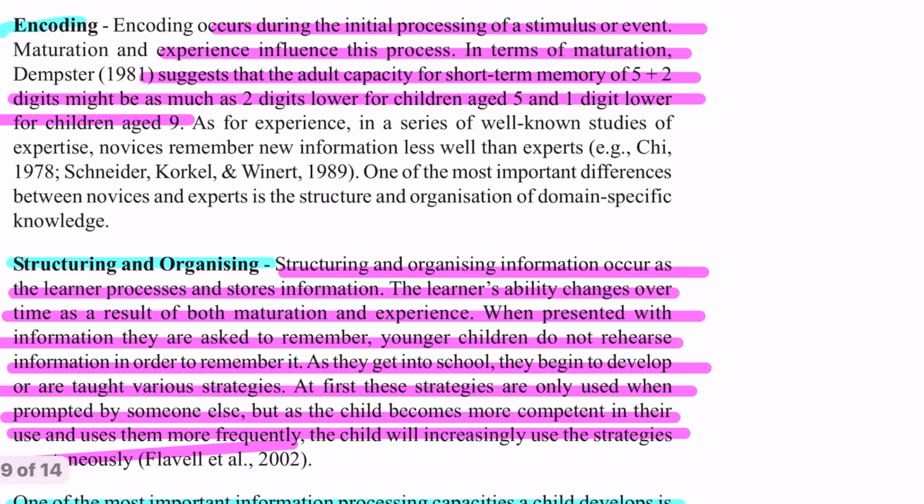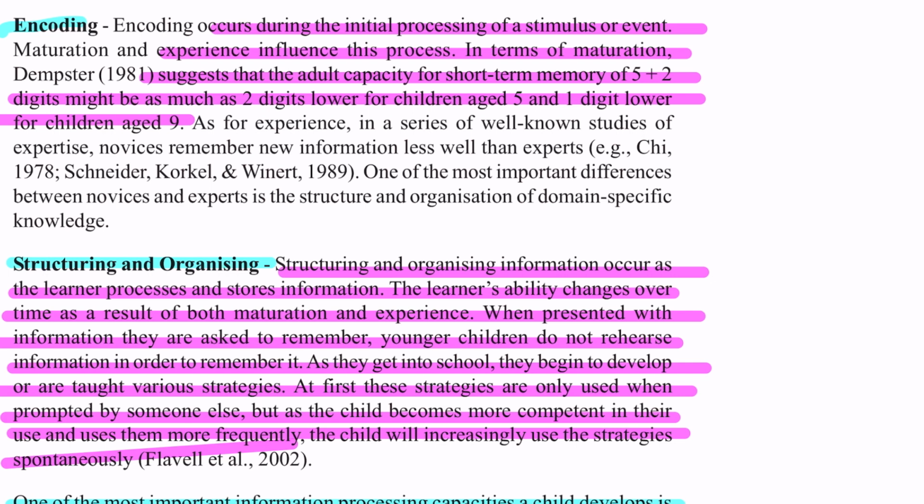Increased capacity of problem solving and metacognition. Metacognition means thinking about thinking. Like if you are saying, I was thinking, why am I thinking like that, right? That is metacognition, because you are talking about your own thought. So thinking about thinking is metacognition. That capacity develops when you get mature.